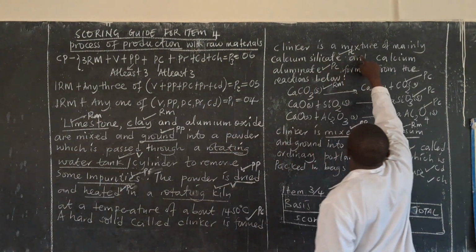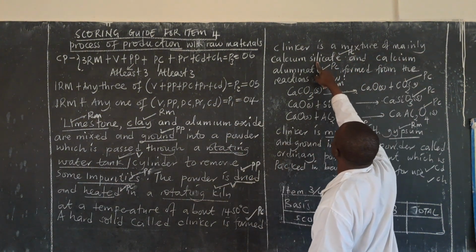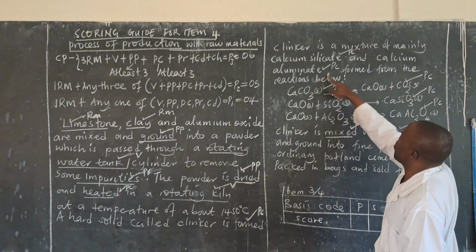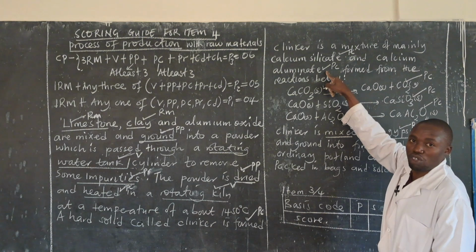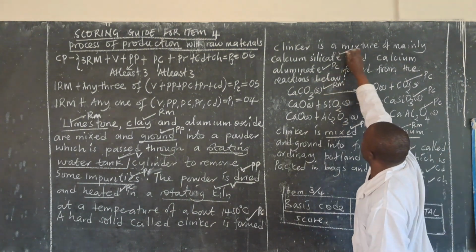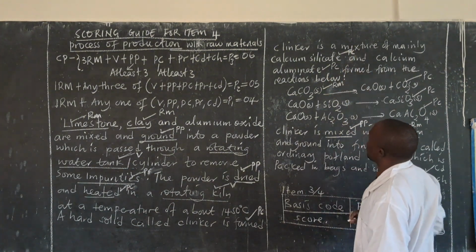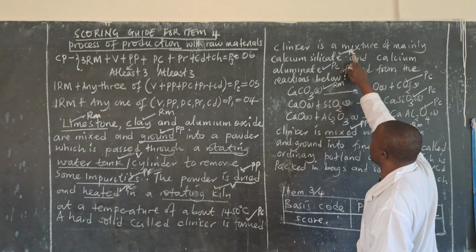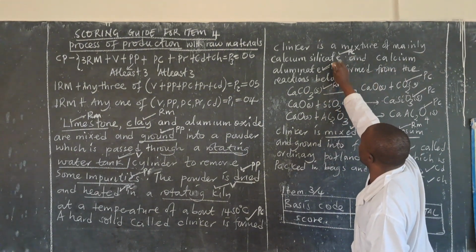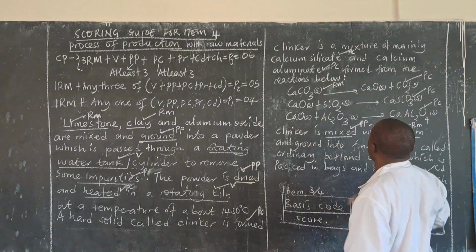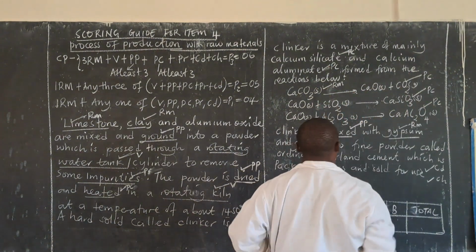A mixture of mainly calcium silicate and calcium aluminate is formed. Because we have formed these two new substances, put a tick due to the formation of that chemical process. Tick PC as the code, then put a tick around calcium aluminate, then put the code PC, formed from the reactions.